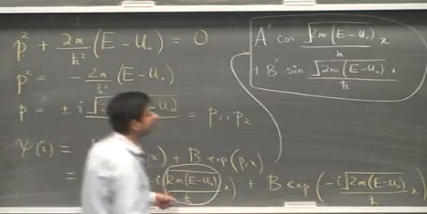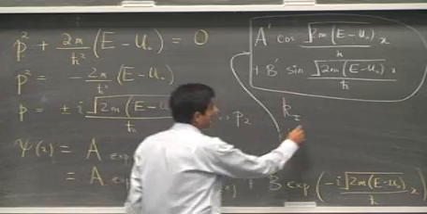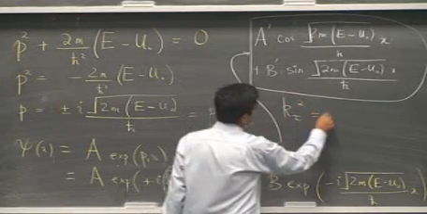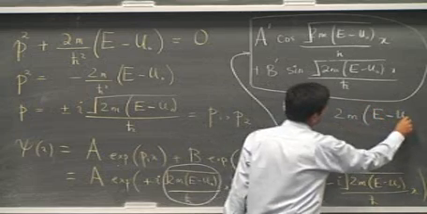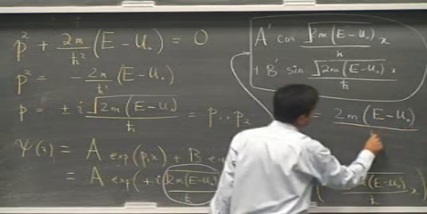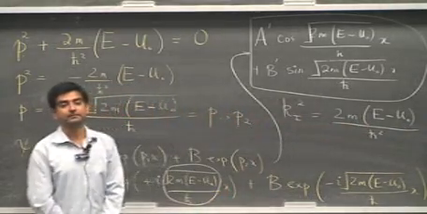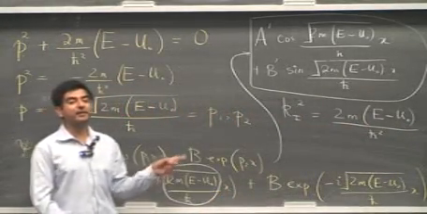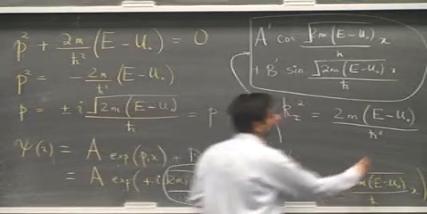So the wave number in region 1 is such that the square of this is equal to 2m E minus U naught over h bar squared. This is the square of the wave number. What is the wave number in region 3? It's going to be the same.